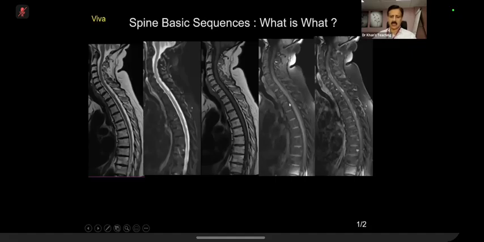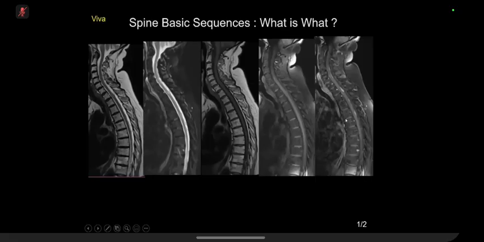Now, this sequence, you will always find it tricky. Why? This is a fat saturated T1 weighted sequence. And with fat saturation, everything becomes bright, much brighter than you see in a T1. A similar phenomenon you will also see in things like liver, etc. So you have to develop your eye for this, that this is a pre-contrast T1 and this is a post-contrast T1.